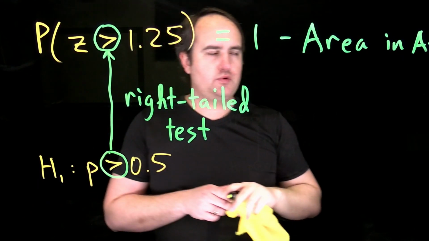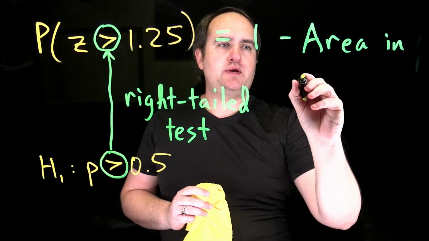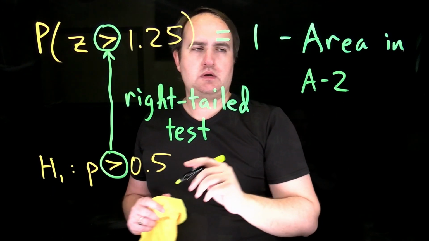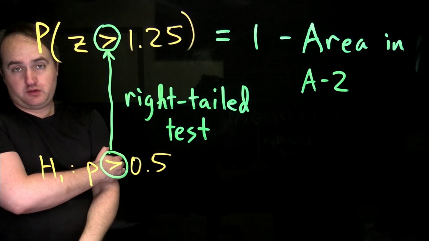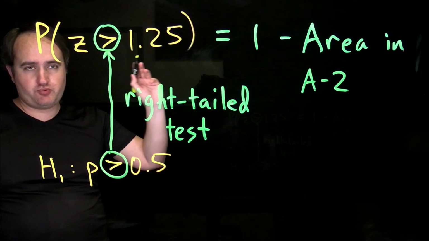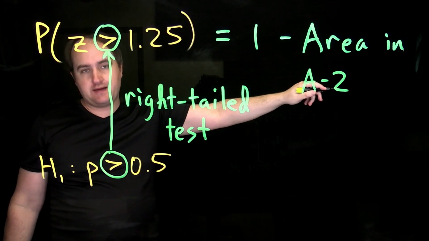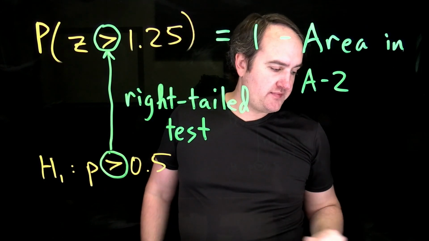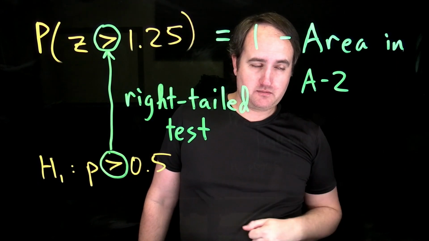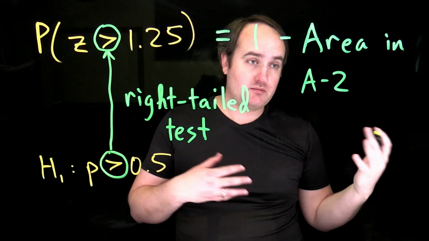So the row in table A2 would be 1.2 and the column would be 0.05. And then we do 1 minus that area. And then after we do 1 minus that area, that actually gives us the p-value. So for a right-tailed test, that's the same as the area to the right.